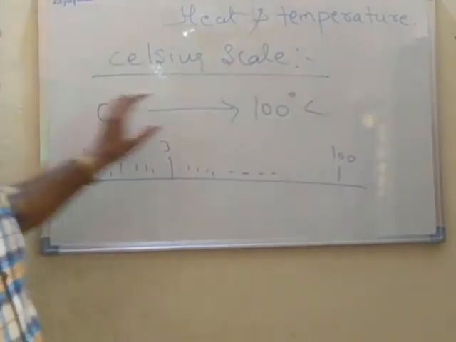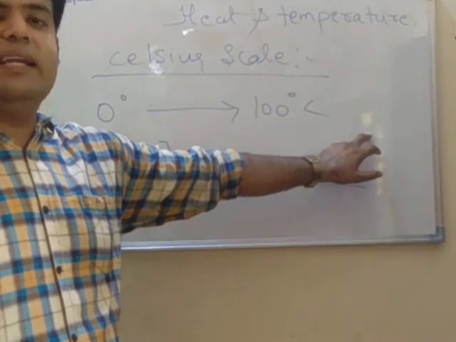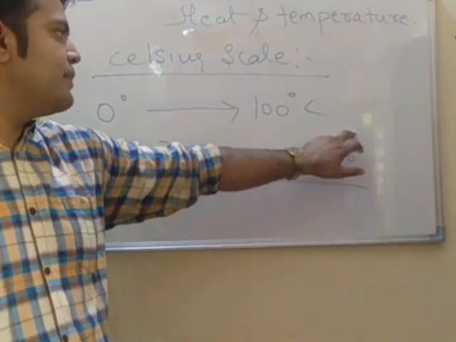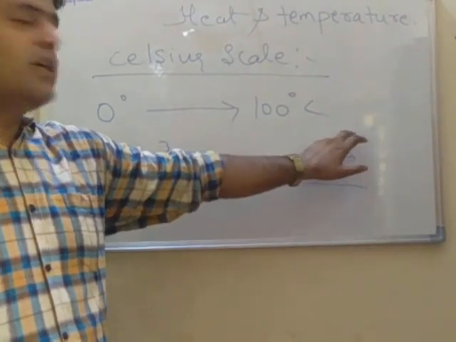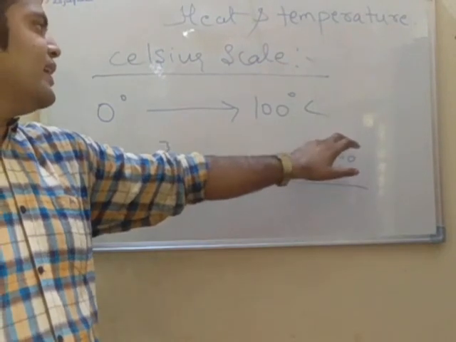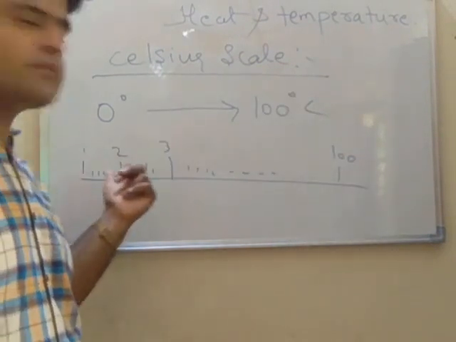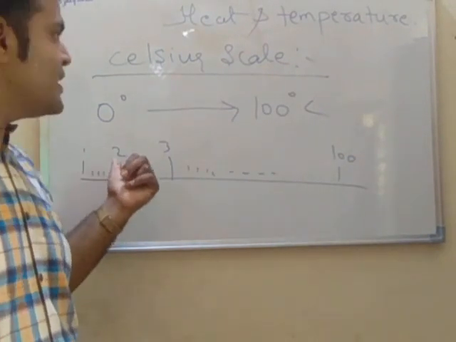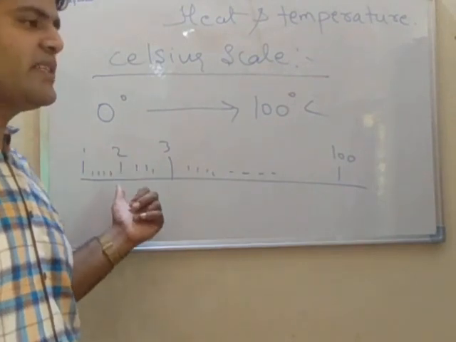The highest temperature in the Celsius scale is 100 degrees Celsius and the lowest temperature is 0 degrees Celsius.